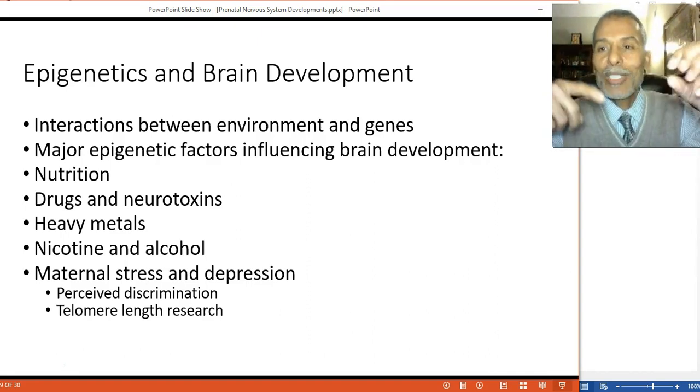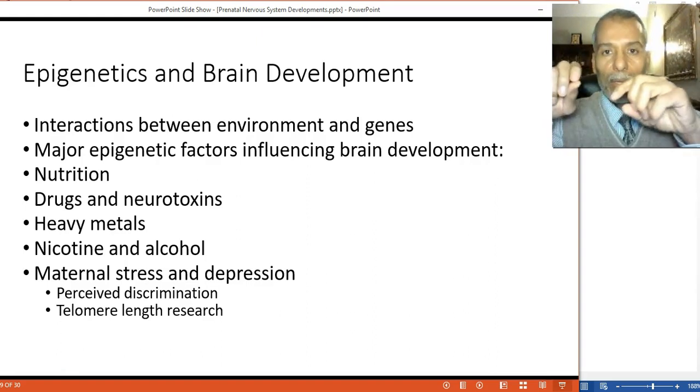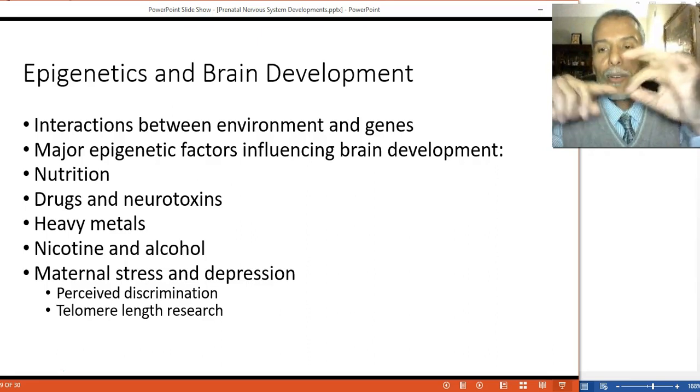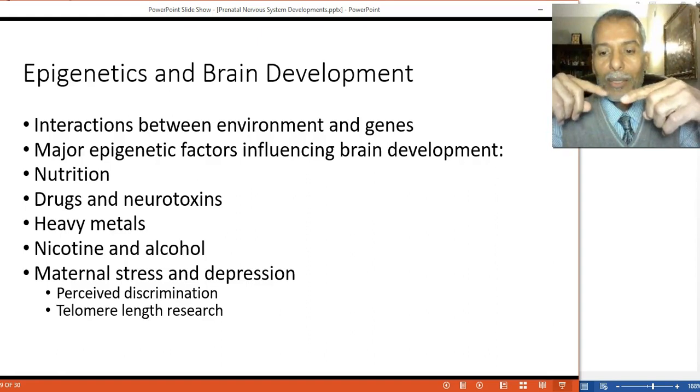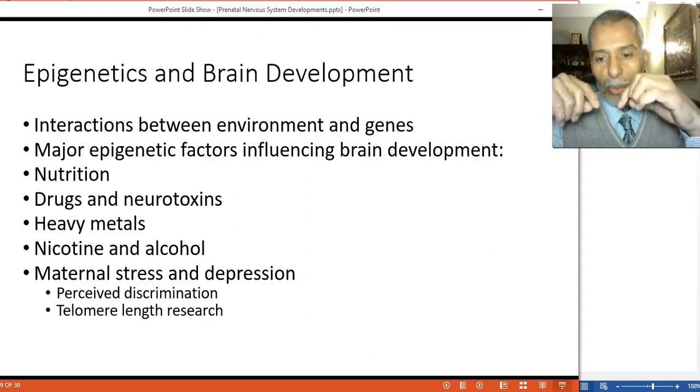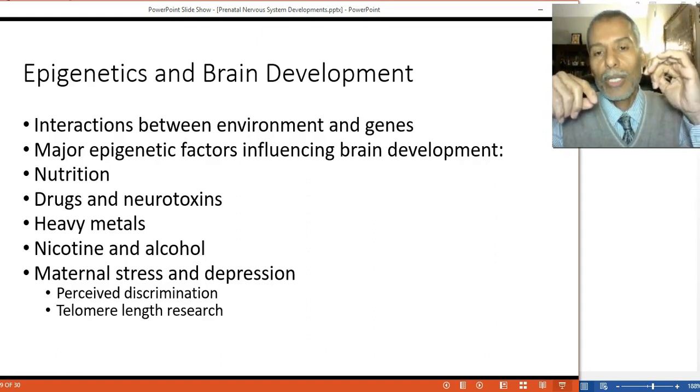These sequences, these layers, are called telomeres. The length of the telomere goes by your age. Every year we lose a layer.